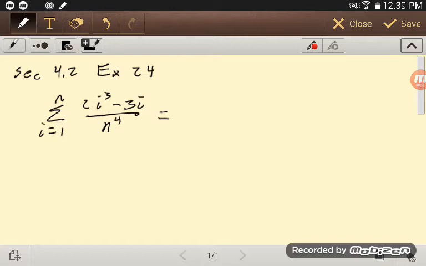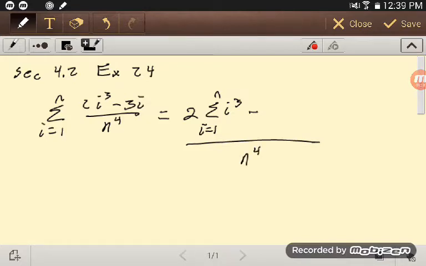So this is 2 times the sum of the i cubed from i equals 1 to n, and then minus, well, let's see, we've got 1 over n to the fourth here times everything, so I'm just going to put the n to the fourth down there. And then minus 3 times the sum of the i's, i equals 1 to n.